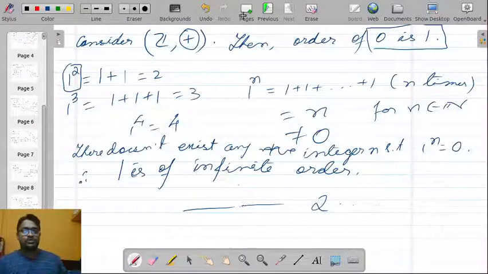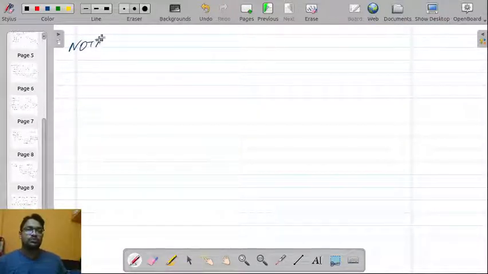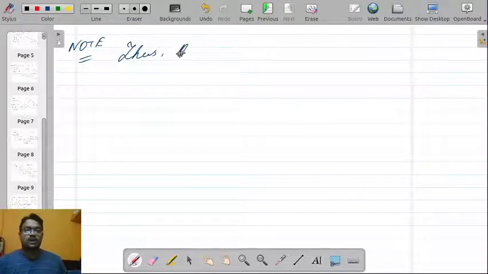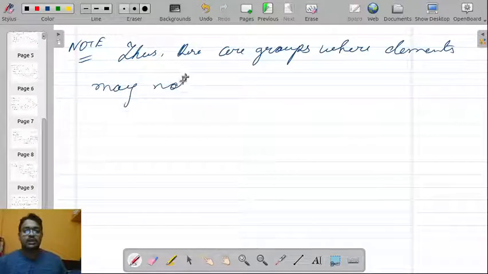So you see there are many groups where elements may not have finite order. We may note it down somewhere. Thus there are groups where elements may not have finite orders.